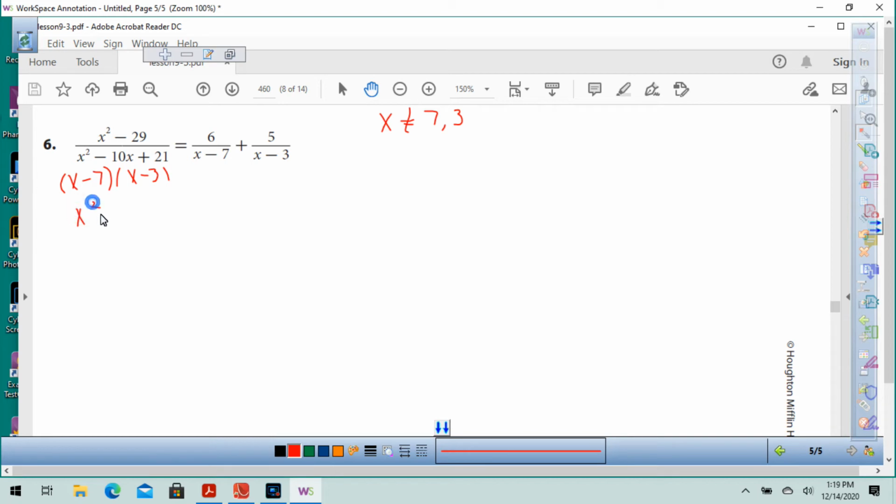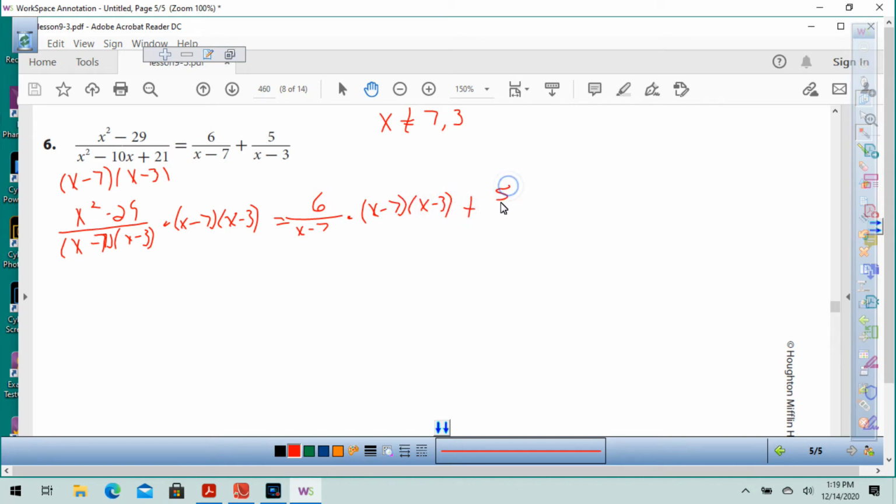So I've got x squared minus 29 over x minus 7 times x minus 3, times x minus 7 times x minus 3, equals 6 over x minus 7, times x minus 7 times x minus 3, plus 5 over x minus 3, times x minus 7 times x minus 3.